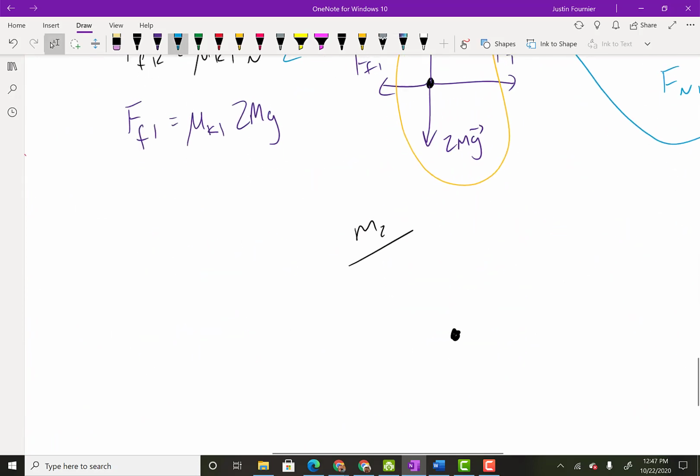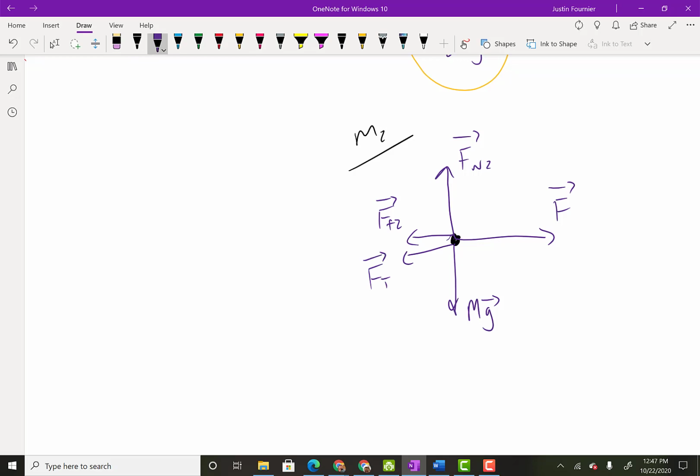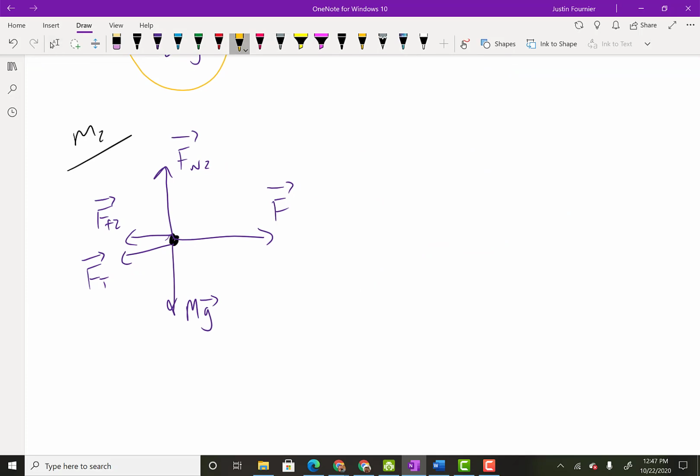I would have, this one's going to be fun, normal force 2 pointing up, mg pointing down, that force F pointing to the right, and then a friction force, Ff2, I called it. But you've also got the tension force, which is what we're trying to find.